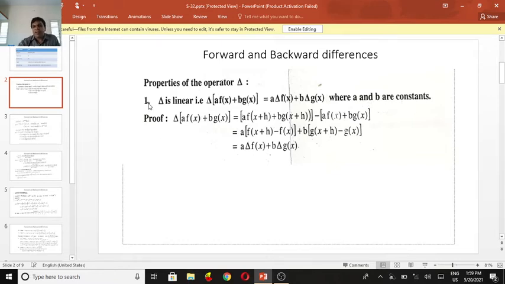So we take the left hand side, del of a f of x plus b g of x.